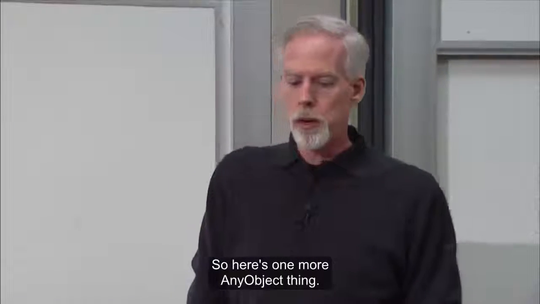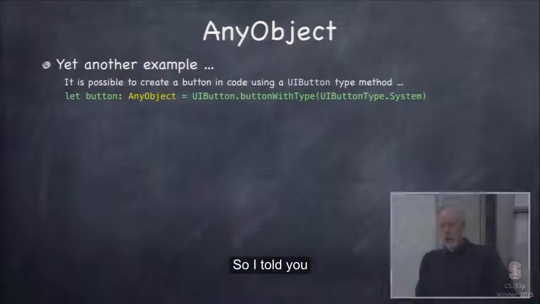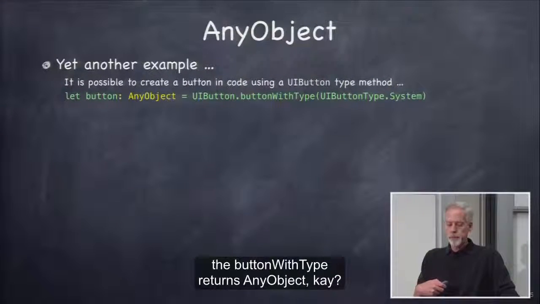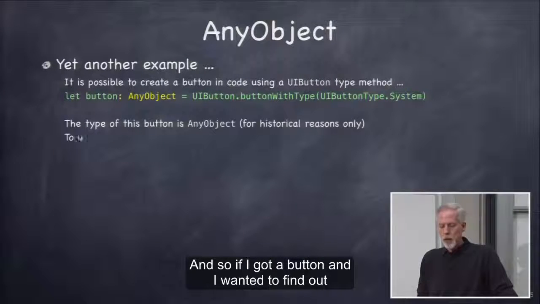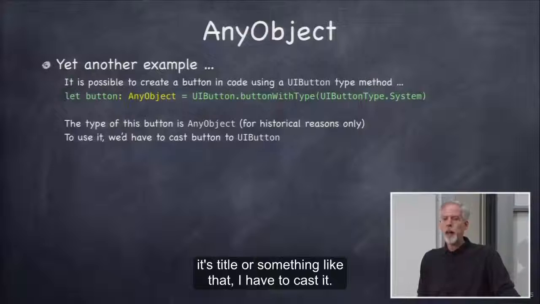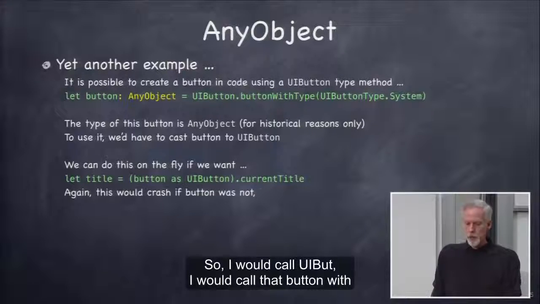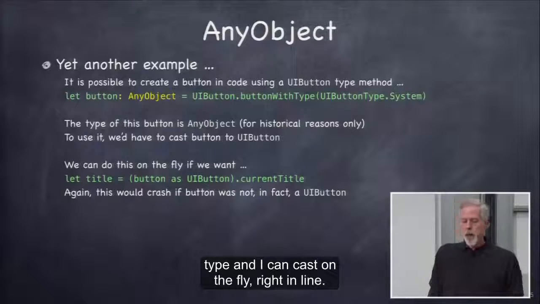So here's one more AnyObject thing. Let's go back to that button thing. So I told you the button with type returns AnyObject. Okay? And so if I got a button and I wanted to find out its title or something like that, I have to cast it. So I would call that button with type, and I can cast on the fly, right inline.